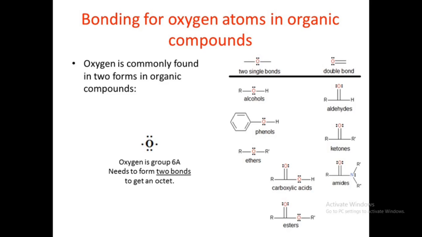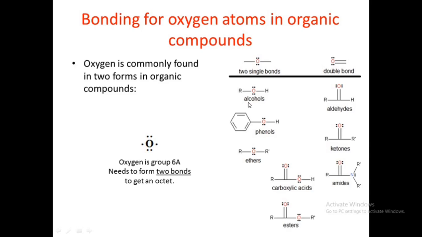So oxygen is commonly found in two forms in organic compounds. In one form, two single bonds are present, and in another form, double bond is present. So compounds containing two single bonds are alcohols.